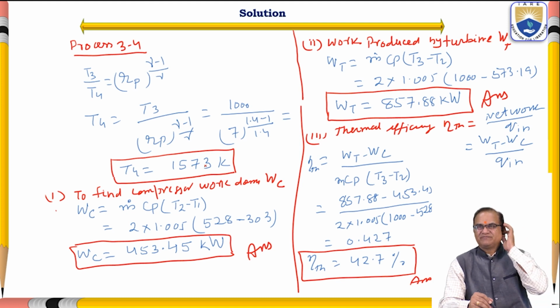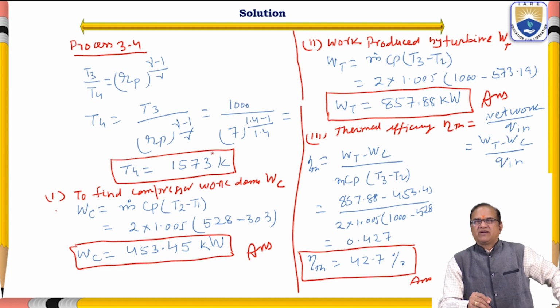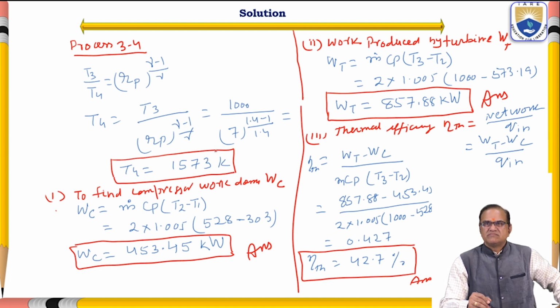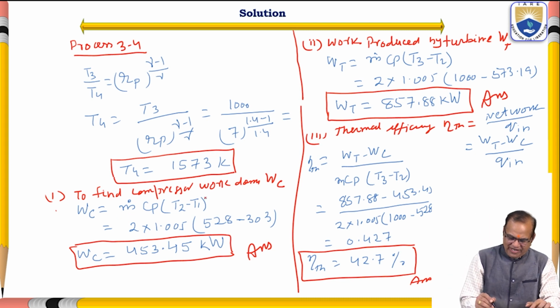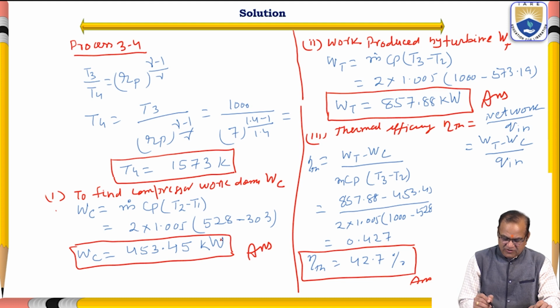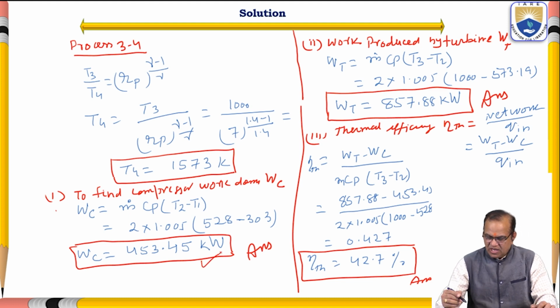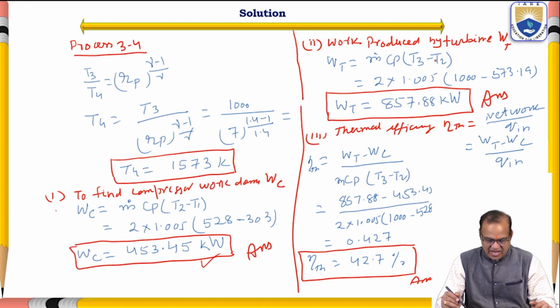1573 Kelvin. There is some problem here. Okay, so to find the compressor work done, Cp (T2 minus T1). So we got this. Work done is equal to T3 minus T2.